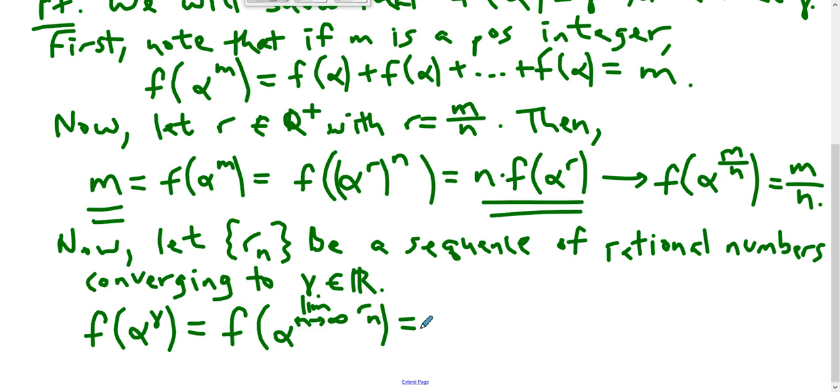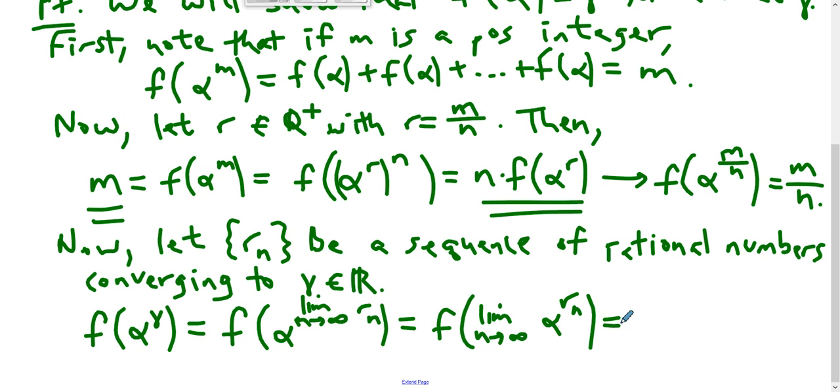Now, we know that the exponential function is continuous. And because the exponential function is continuous, alpha to the limit of the r sub n's is the same as the limit of the alpha to the r sub n's. That comes because the exponential function is continuous for all real numbers.